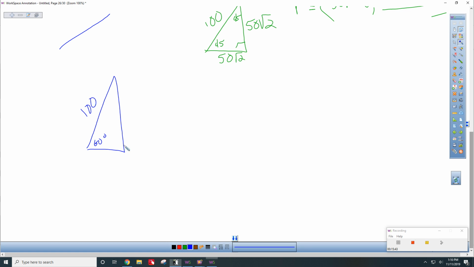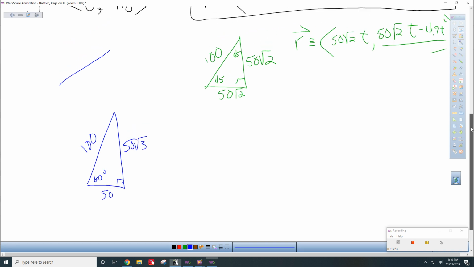Well, now this would be 50, and this would be 50 radical 3, and our position vector function would now be 50 t comma 50 radical 3 t minus 4.9 t squared.